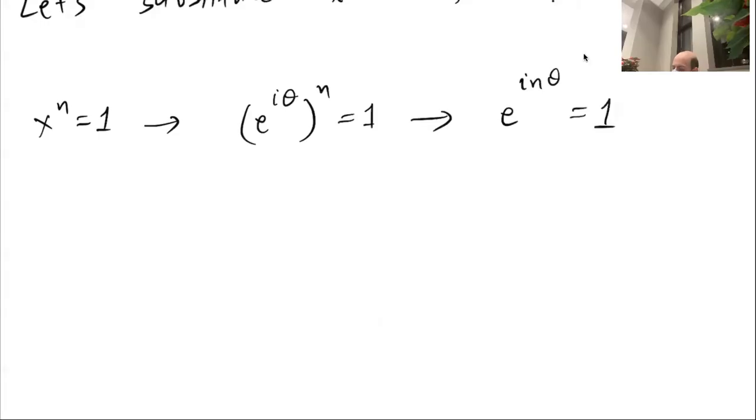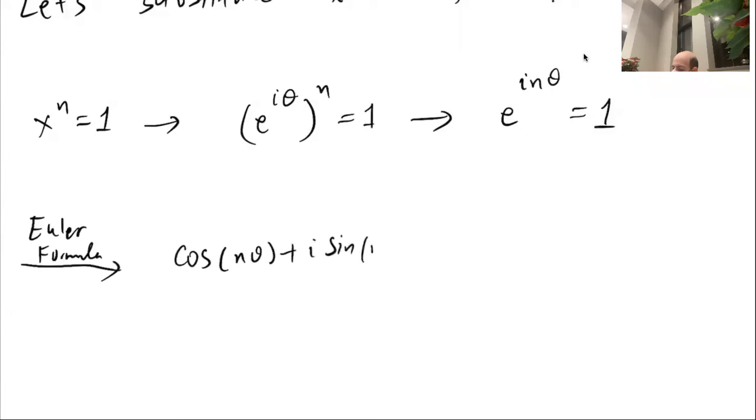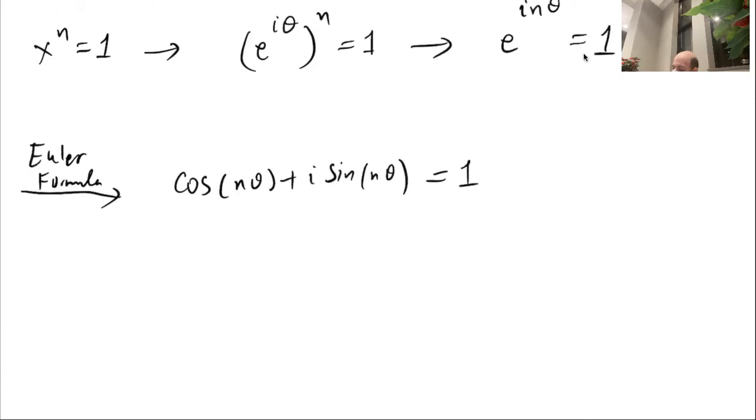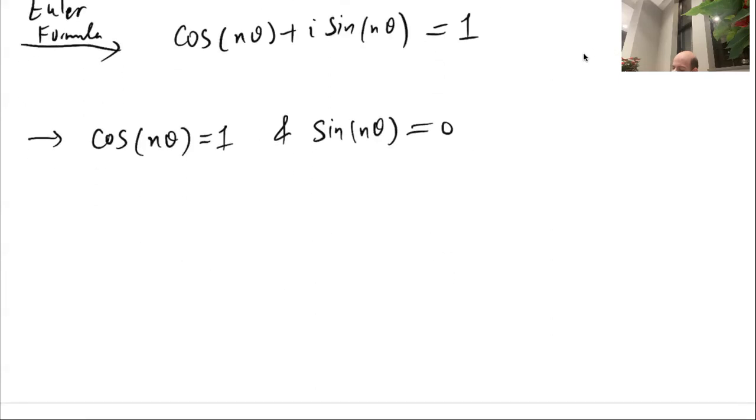Now if we use the Euler formula, we can write e to the power i n theta as cos n theta plus i sine n theta. This has to be equal to 1. And that means cos n theta has to be 1, and sine n theta has to be 0. Now cos n theta equals 1.